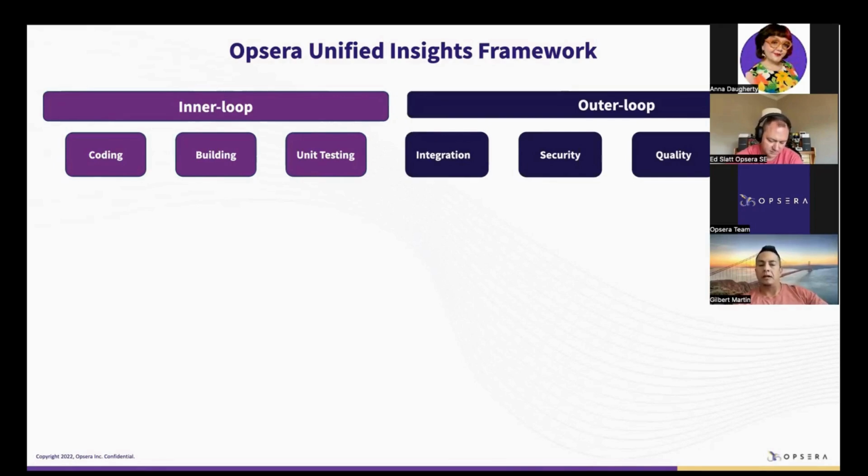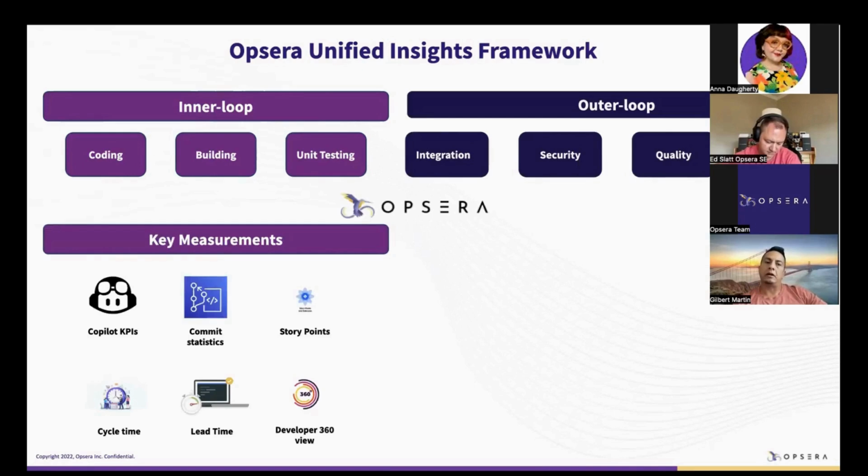Let's talk about the inner loop really quickly. The inner loop is all about developer key metrics. Don't confuse these with DORA metrics, because it's very easy to try to fit developer productivity into DORA, like what Ed just mentioned about tying his test and then downstreaming to DevOps, what I call the outer loop, which is all the system metrics.